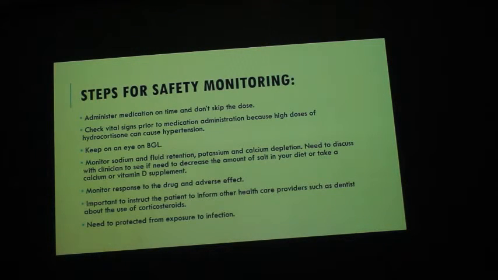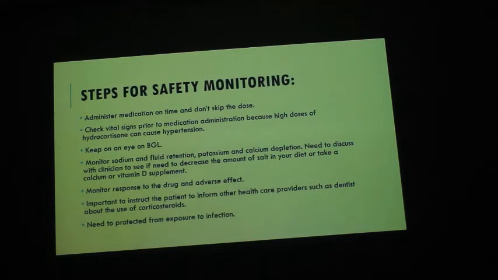Steps for safety monitoring. Administer medication on time and do not skip the dose. Check vital signs prior to medication administration, because high doses of hydrocortisone can cause hypertension. Always keep an eye on blood glucose level.